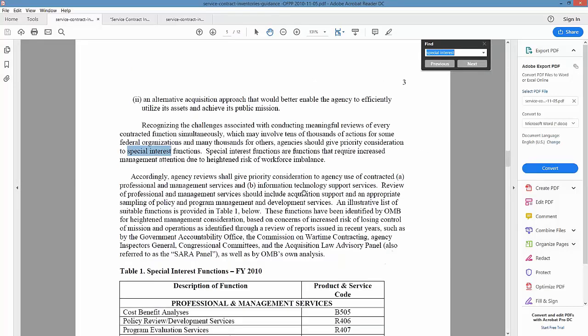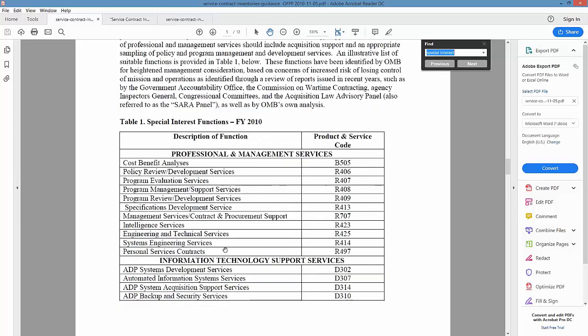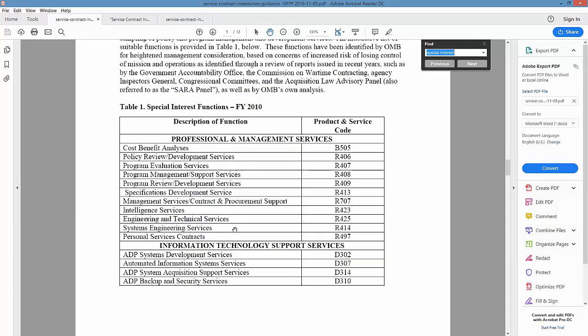There we go. So these were the original list of special interest functions, and agencies can customize them, tailor them to their own needs.